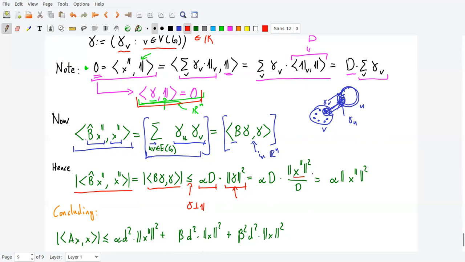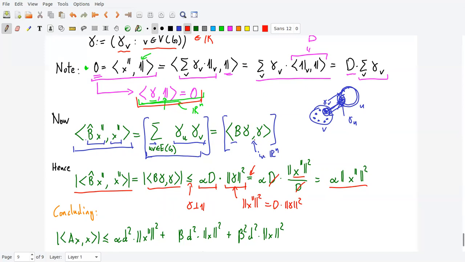Well, in X parallel, I have simply every entry of gamma repeated D times. So the square of the norm of X parallel is simply D times the square of the norm of gamma. So I've got this equality here, D cancels out, and I've got alpha times the norm of X parallel squared.